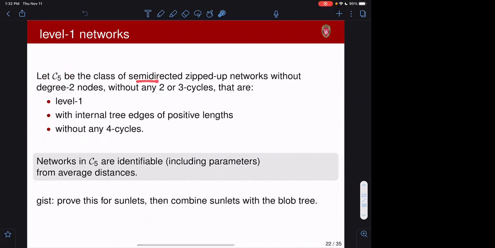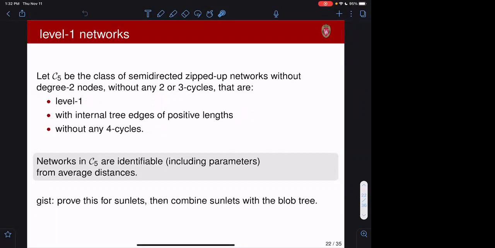So it would be semi-directed networks, unzipped, no degree 2 nodes, no 2-cycles, no 3-cycles, because we know they're never identifiable. That's a big assumption, it's level 1. That's a really small assumption: internal tree edges have positive length. Otherwise, just contract them and make polytomies. And that's another big assumption, no 4-cycles, but we'll get rid of it later.